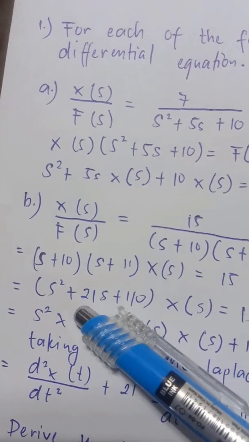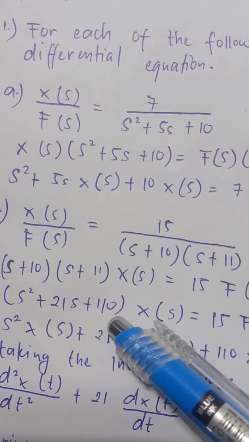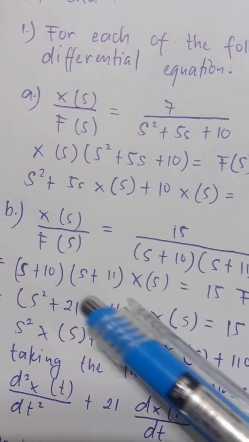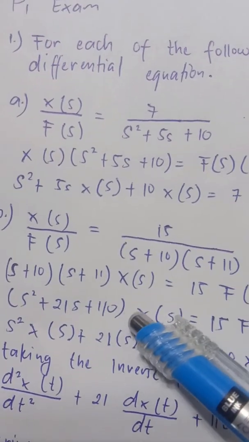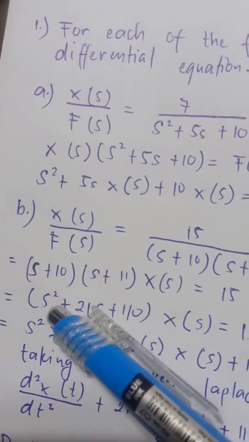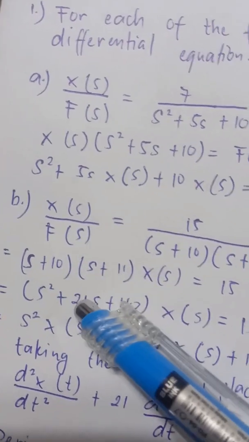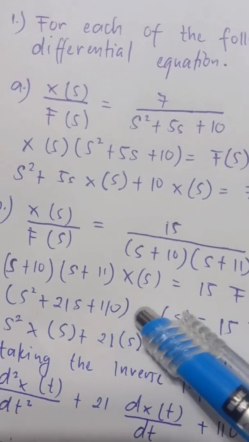s squared plus 21s plus 110. This is the result. But how do we get 21s plus 110?